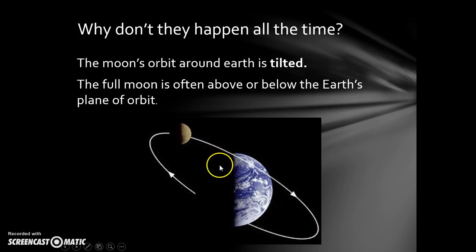This is a full moon for this side of the Earth, or it's down here. As a result, if you think about it, the moon and the Earth won't always line up, but there will be points like one here or one here where they will, and there's a full moon. That's when you get your eclipse.